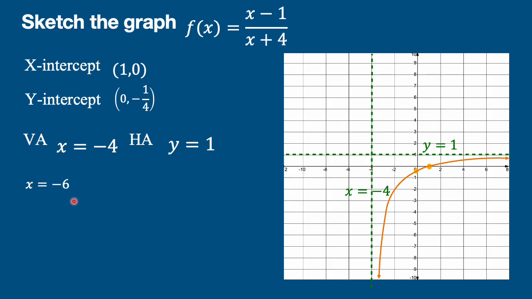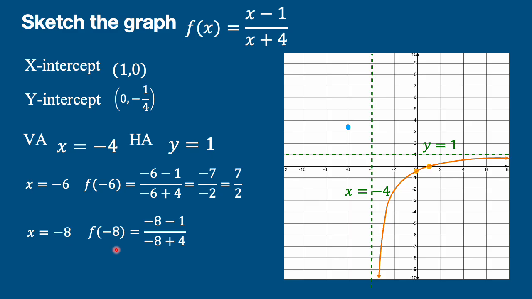You have sketched this side, now you plug in a number for the other side. X equals negative 6. F of negative 6 is negative 6 minus 1 over negative 6 plus 4, negative 7 over negative 2. That's going to be 7 over 2. So negative 6, 7 over 2 right here, guys. Another one is x equals negative 8.